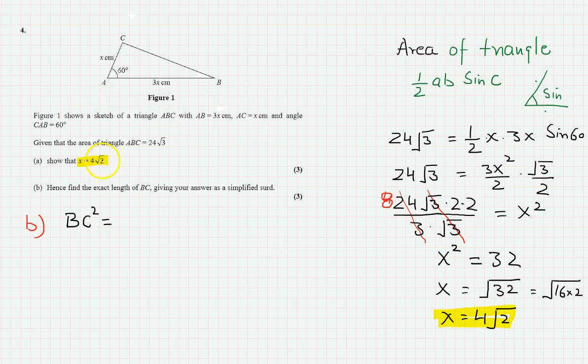BC square is equal to, now the remaining two sides, the square of this, AC square plus AB square minus 2 AB AC, then cos A. Always remember that this is starting from BC, so angle A will come.